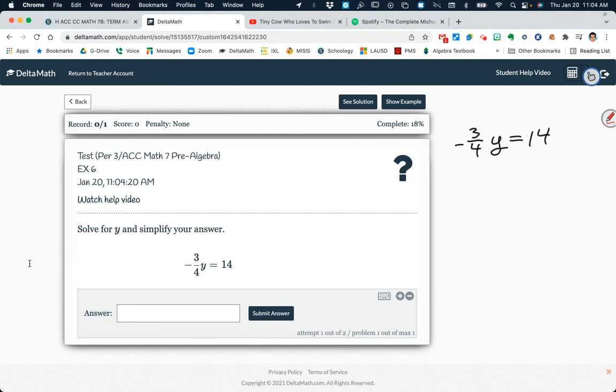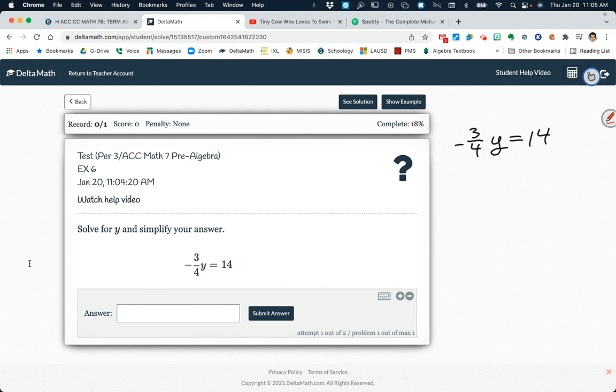Negative 3/4 y equals 14. We want the reciprocal of negative 3/4. If you're doing method 1, I usually do the negative at the end. I would multiply by 4, then divide by negative 3. Eventually, you have to deal with that negative.